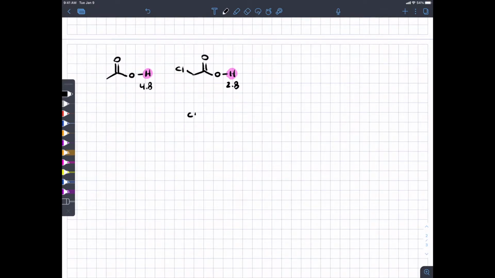And the reason for that is, and whenever we rationalize acidity, most frequently we draw the conjugate base and compare the stability of 2 conjugate bases. Both of these have the negative charge stabilized by resonance on both oxygens, so that's not the difference.